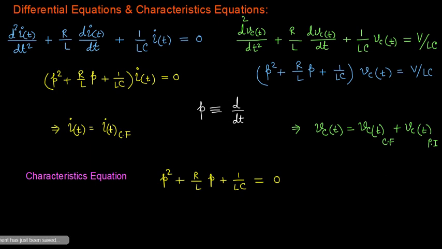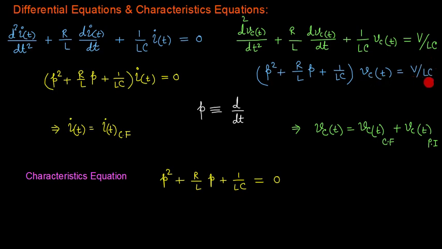These are the differential equations of current and voltage Vc, and these two differential equations can also be written in this form: (p squared plus R by L p plus 1 upon LC) times i(t) equal to 0, which is a second order homogeneous differential equation, and the other equation can be written in the same format: (p squared plus R by L p plus 1 by LC) times Vc(t) equal to V by LC.